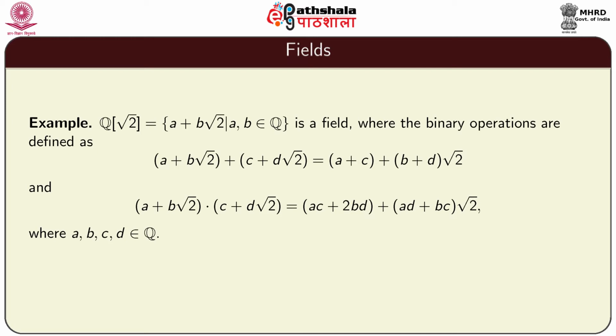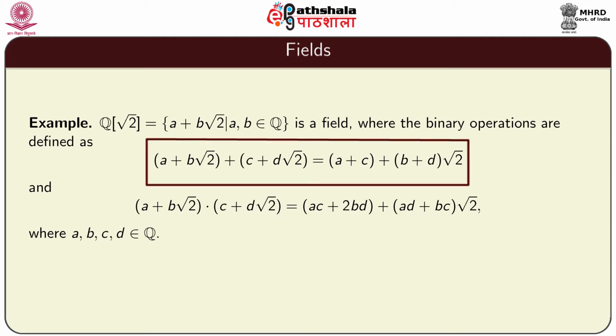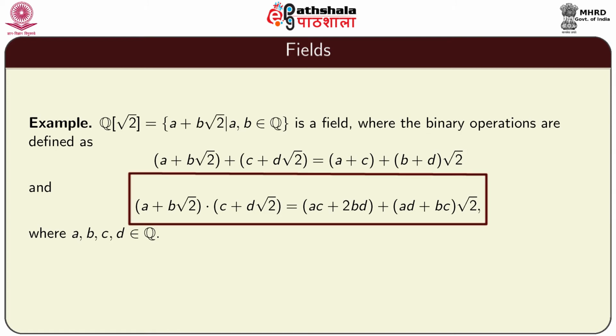Now, what is interesting here is that if you take the natural addition and natural multiplication given by these formulae, that is (a plus b root 2) plus (c plus d root 2) is (a plus c) plus (b plus d) root 2, and (a plus b root 2) dot (c plus d root 2) is (ac plus 2bd) plus (ad plus bc) root 2.